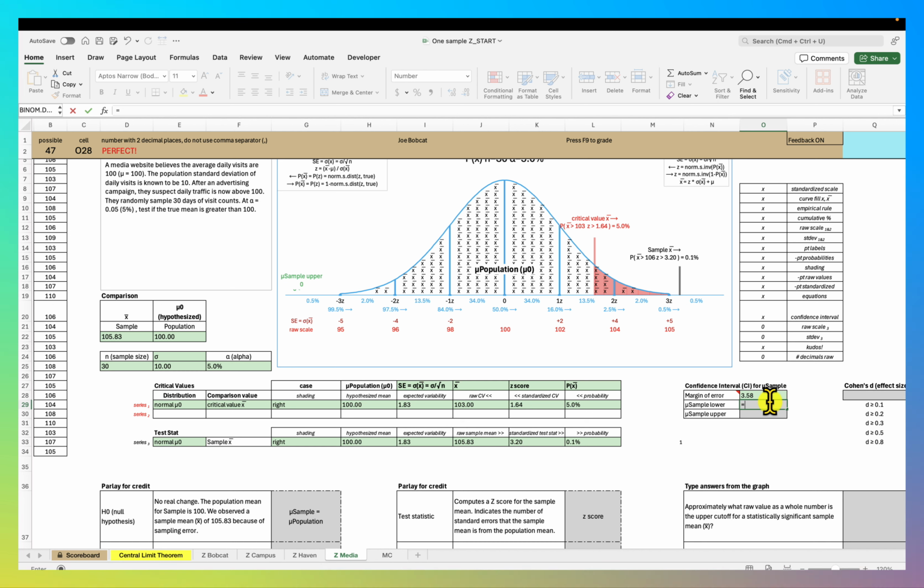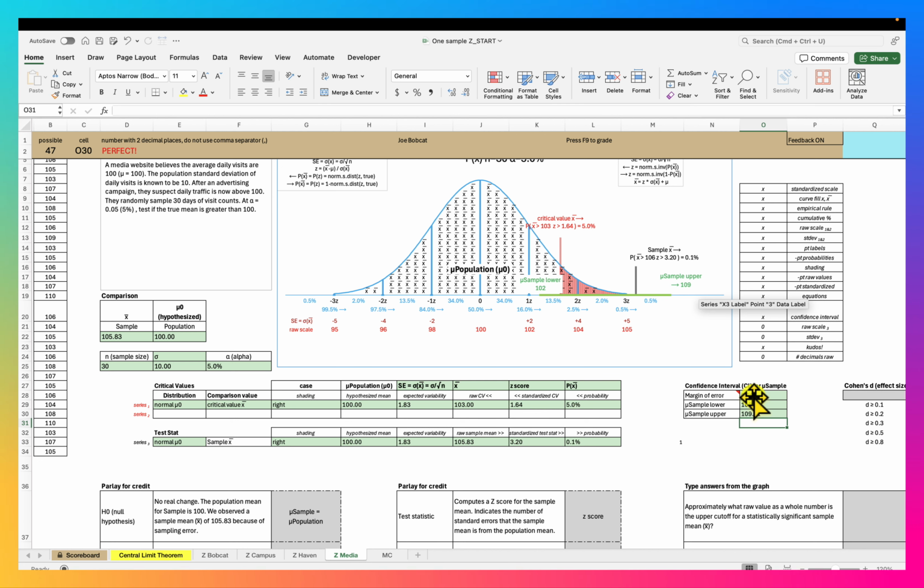Then to get the lower bound, you start with the sample mean minus the margin of error. And then you have the sample mean plus the margin of error. So we're saying that the true population mean from which this sample came is not the hypothesized population mean, but it's somewhere in this green area between 102 and 109. You know, round numbers.